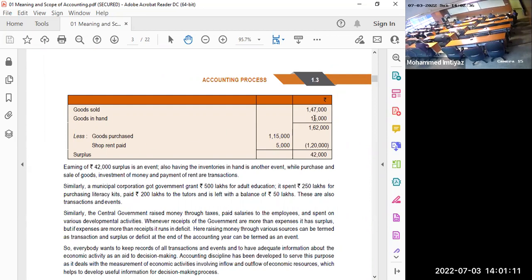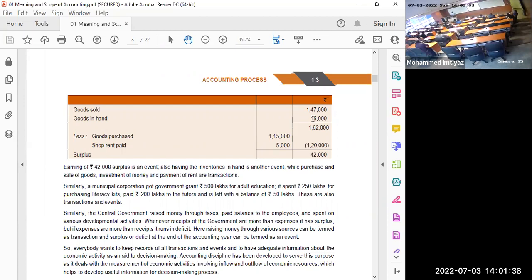The first two are income, that means goods sold and goods remaining to be sold next year, so 1,62,000. Then the cost of purchase is 1,15,000, and you are paying rent for the shop where you are keeping your business entity, so that becomes 1,20,000. So profit becomes 42,000. Simple matching of income and expenditure.